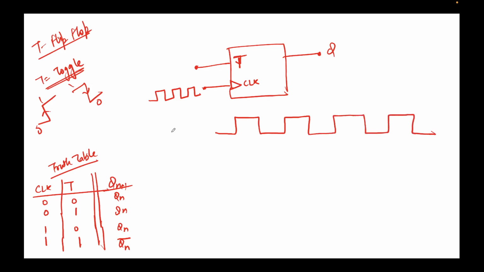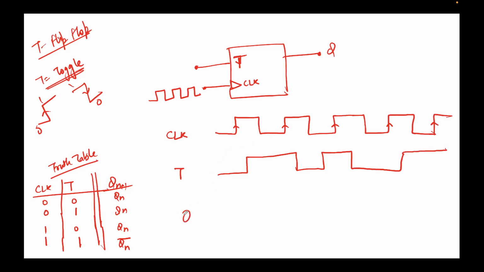So this is my clock. Again, I'm taking only the rising edge, for the sake of simplicity, as I don't want to confuse too much. And the next thing is the toggle flip-flop, whose input we denote by T. Let's draw some random input.